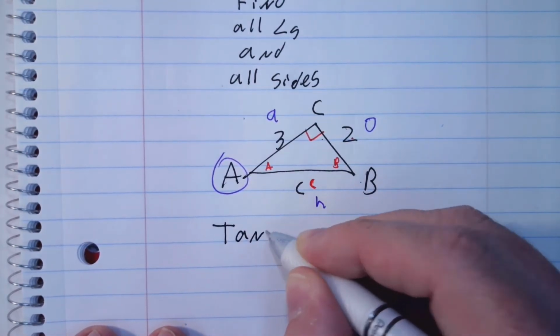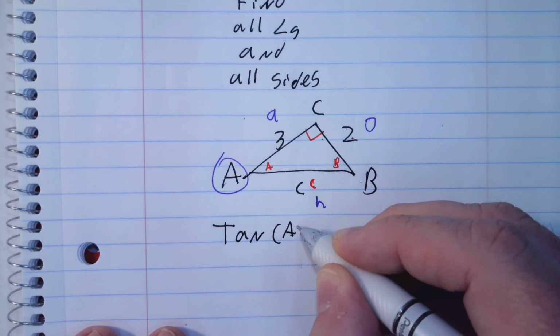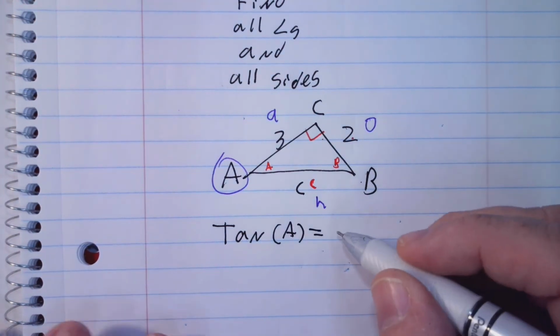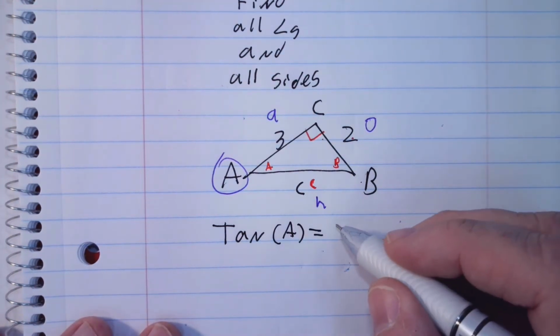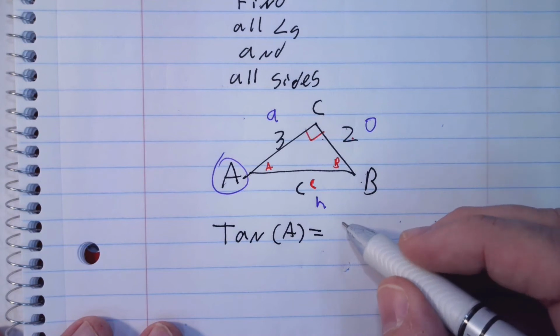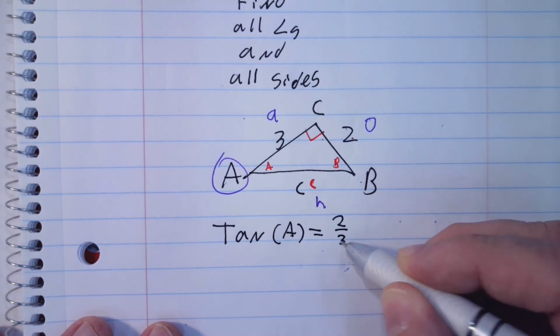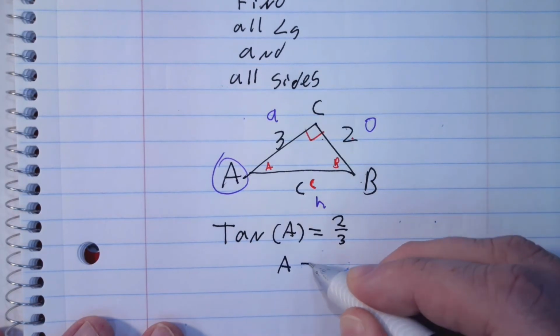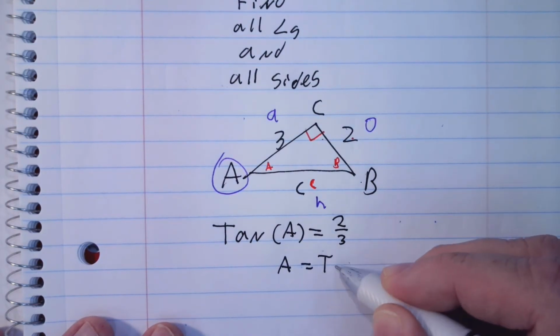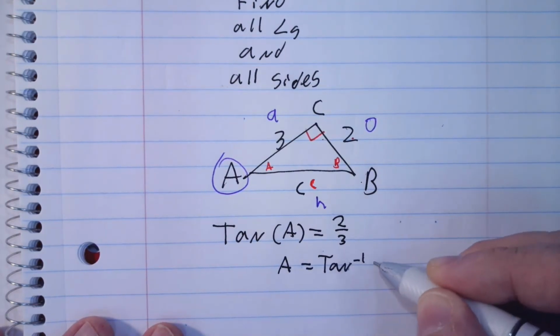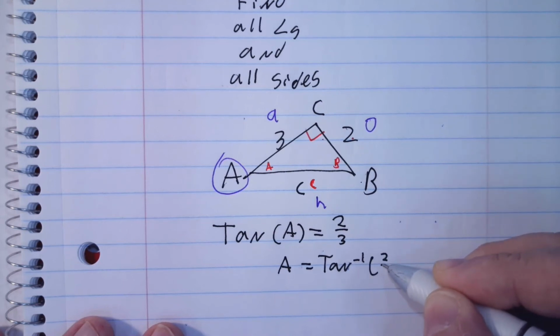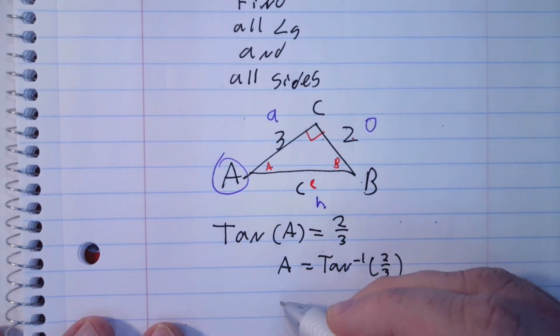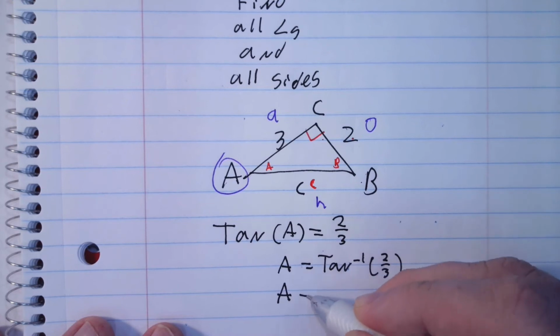So tangent of A equals, what is it? Opposite over adjacent. Okay? And then we learn the step that we're supposed to do. A is going to equal inverse tangent 2/3. Put that in the calculator and we're going to come up with A. A equals what?